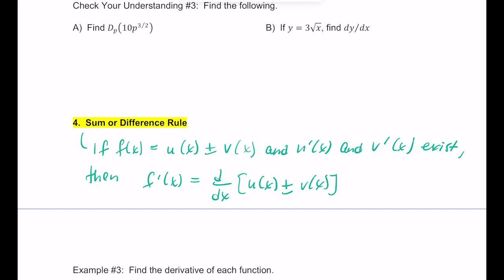So we would just take the derivative of u, which would be u prime of x, and then add or subtract it with the derivative of v, which is v prime of x.